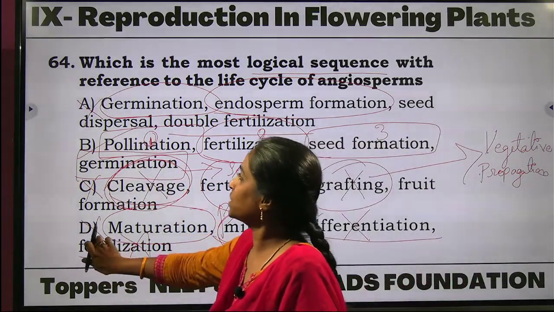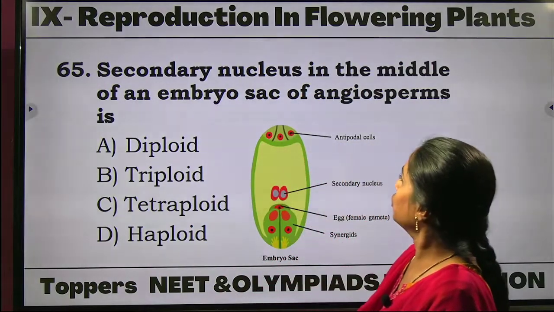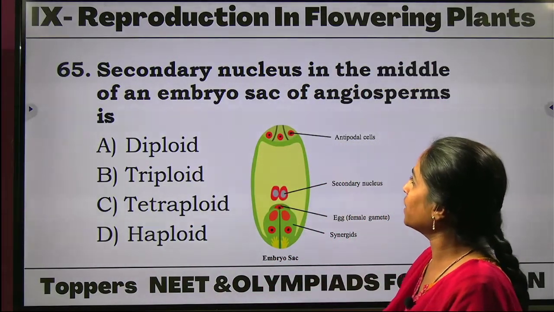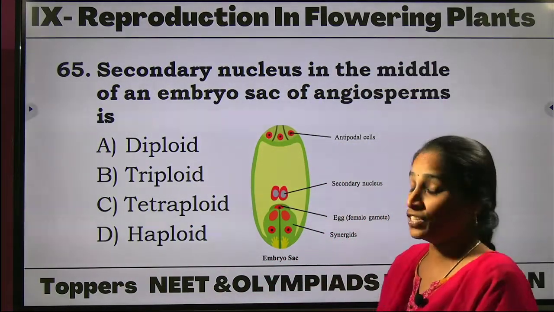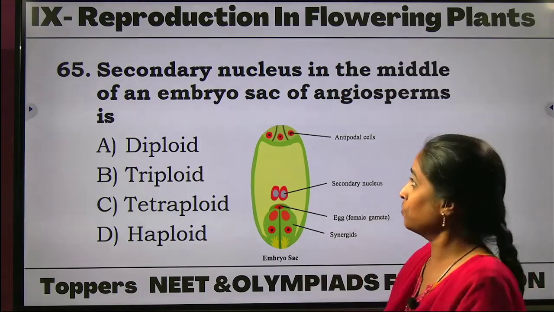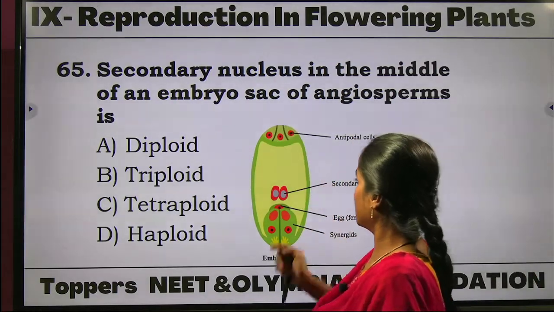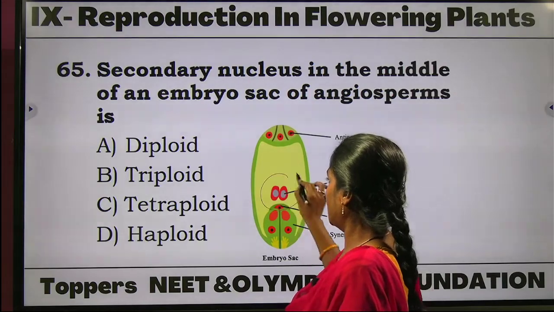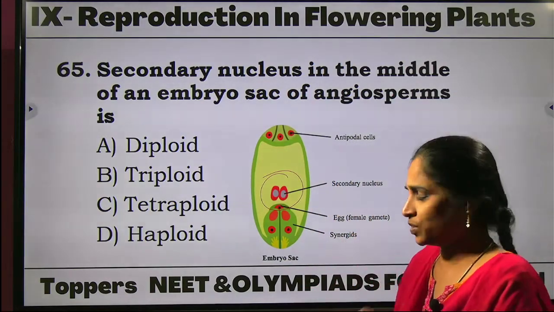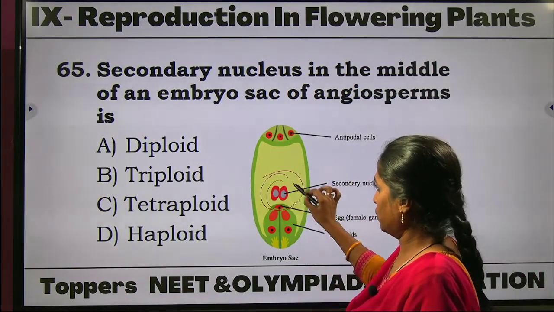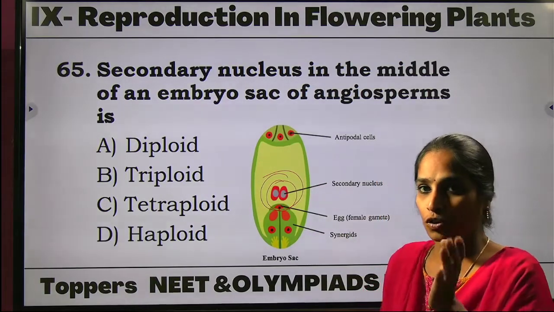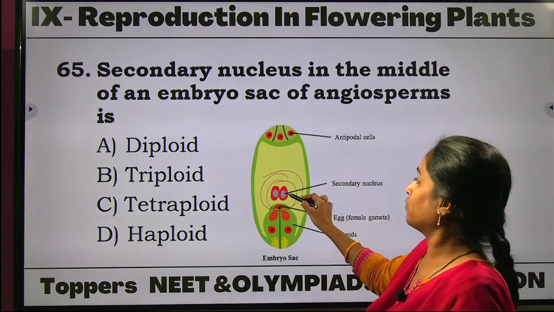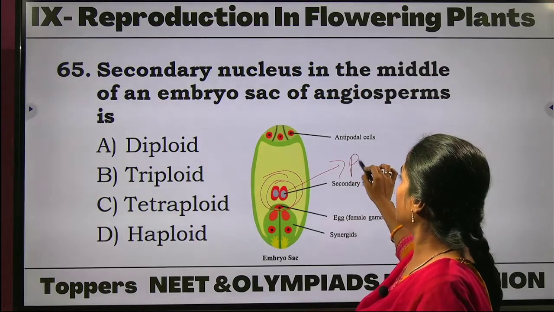Next, coming to the next question, dears. Secondary nucleus in the middle of an embryo sac of angiosperms. He is asking about the condition of the secondary nucleus. The picture indicates the secondary nucleus. Already we have discussed; very easy question. The number of nuclei, the count of nuclei, will be identified for the ploidy condition.